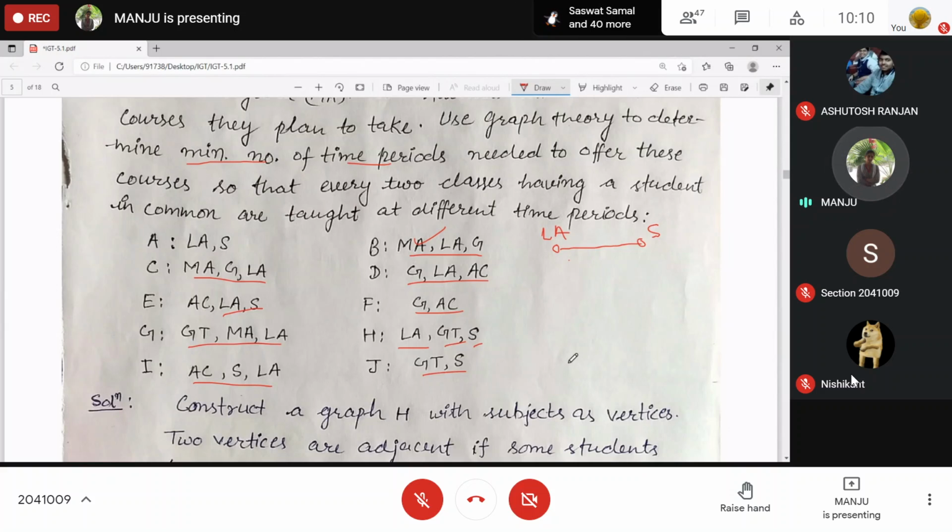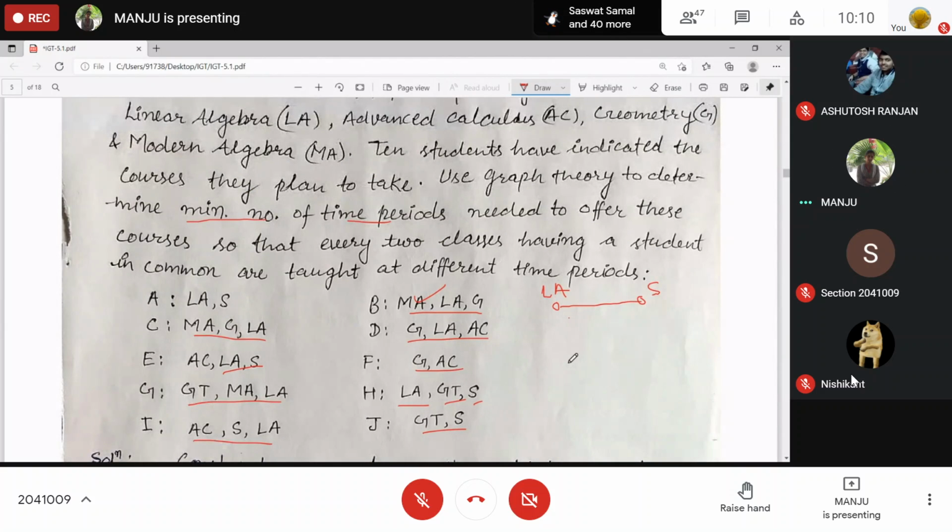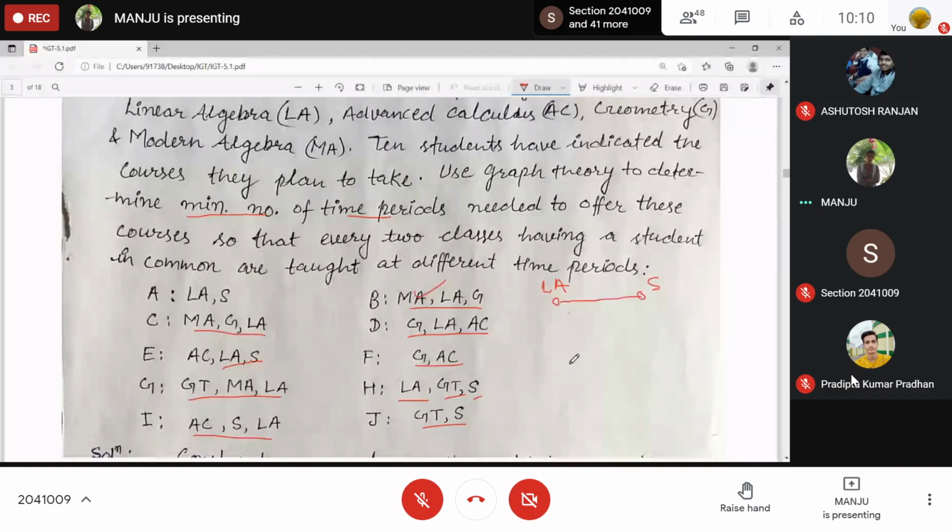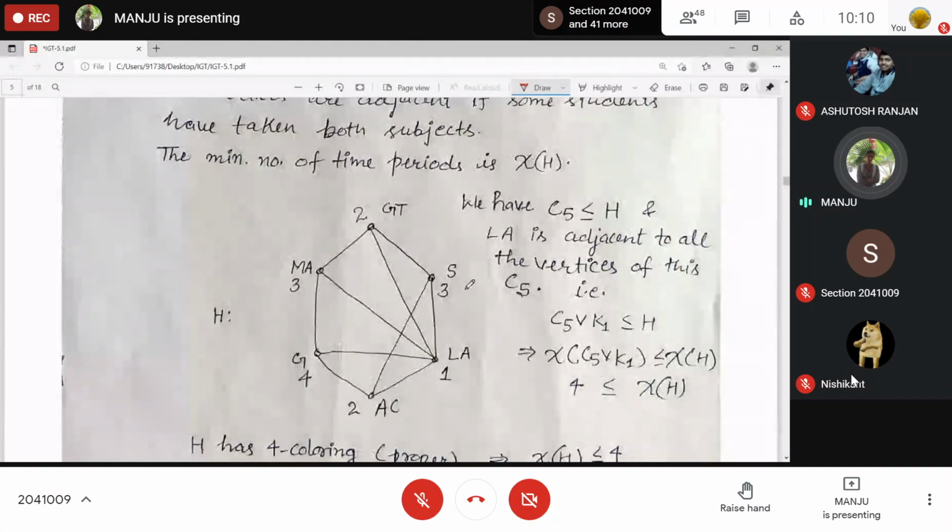So we'll draw a graph, and this is the graph given. We have drawn it. Okay. Now these vertices are representing the different subjects, and what does an edge denote? There is some common student between these two vertices, these two courses. So we find that the minimum number of time periods will be given by the minimum coloring.